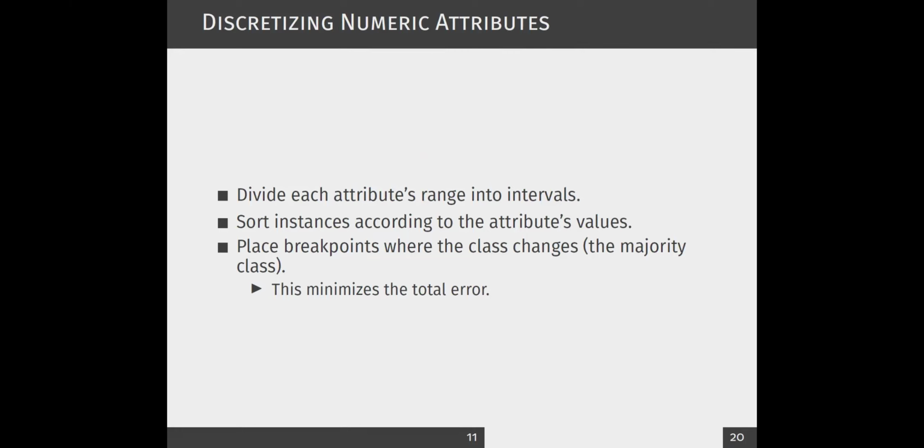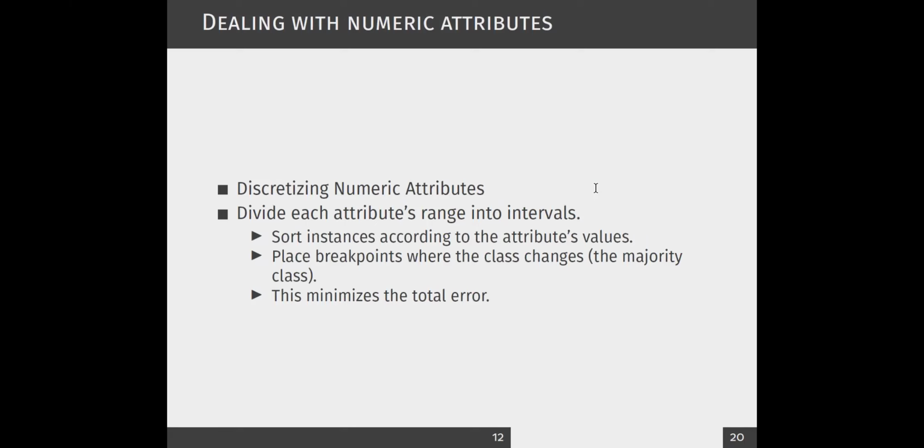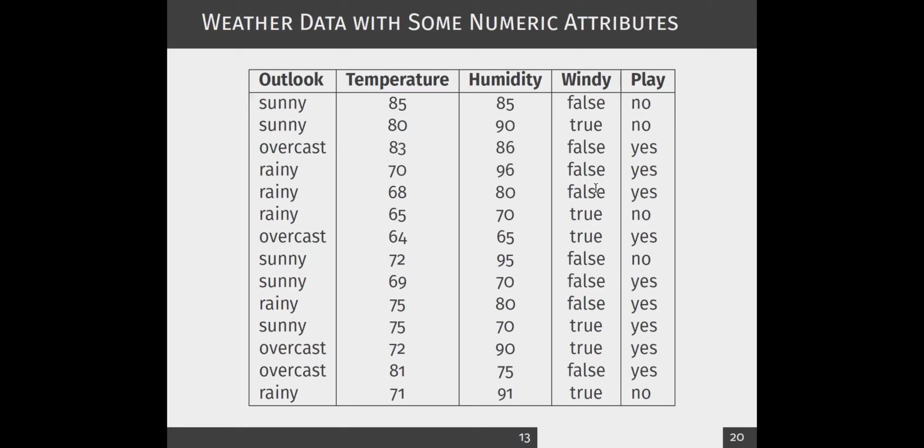Again, like in the previous case, we want to minimize the total error. How do you do this? Now this is another data set. Actually, it's the same data set, but the temperature and humidity columns are given as numerical variables.